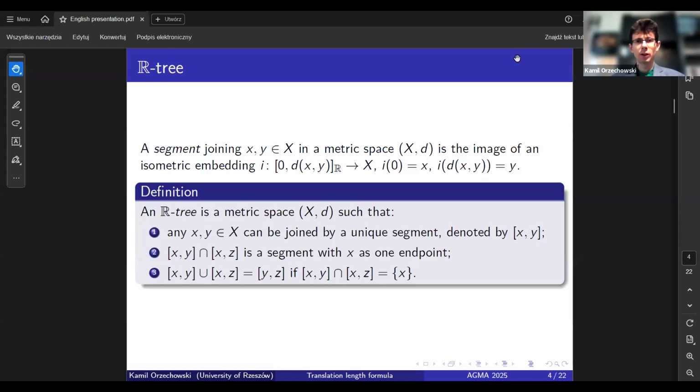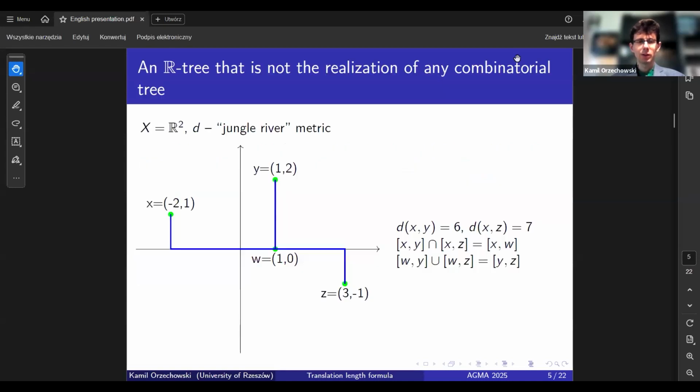Of course, there are equivalent characterizations of R trees. For example, they are precisely connected zero hyperbolic in the sense of Gromov metric spaces, or uniquely arcwise connected geodesic metric spaces. Let me give an example illustrating these conditions, and it is also an example of a real tree that is not the realization of any combinatorial tree.